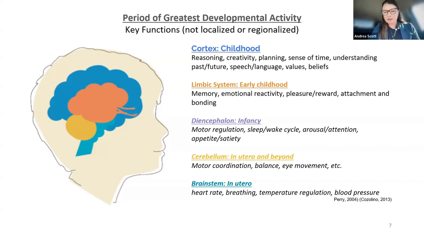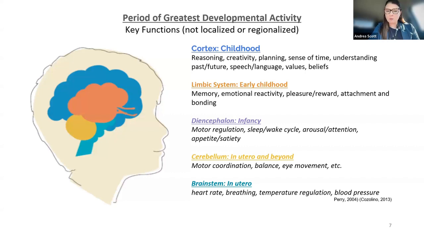Then we have our second stage, which is the cerebellum, and that develops in utero and beyond. So Christy, thank you for putting the cursor over there. That controls your motor coordination, your balance, your eye movement, all of those wonderful things that we see happening when a child is in utero. Then we have our next stage, and that is the diencephalon.